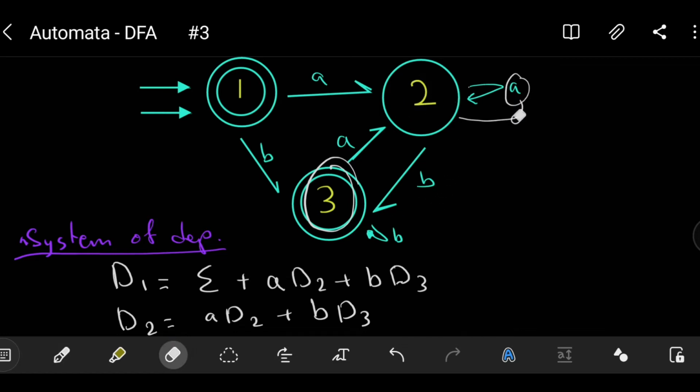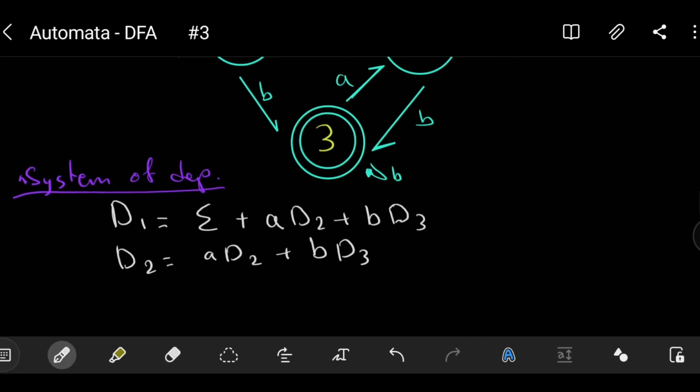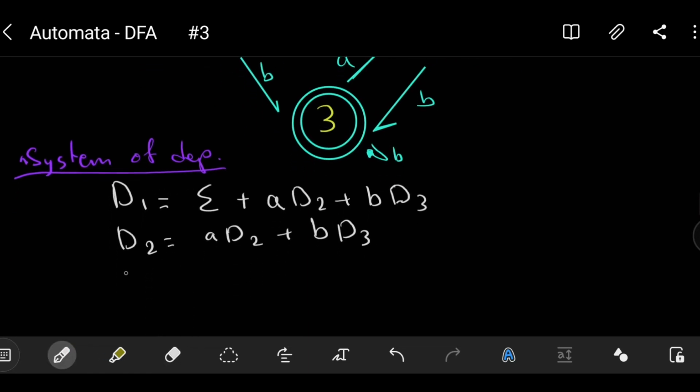Okay? So, again, I would repeat the step for the 3. So D3 equals epsilon plus A D2 plus B D3.